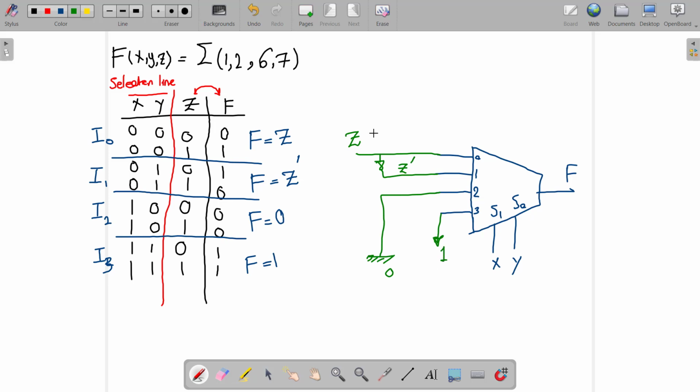Now you saw that we could design the Boolean function using a 4x1 multiplexer.